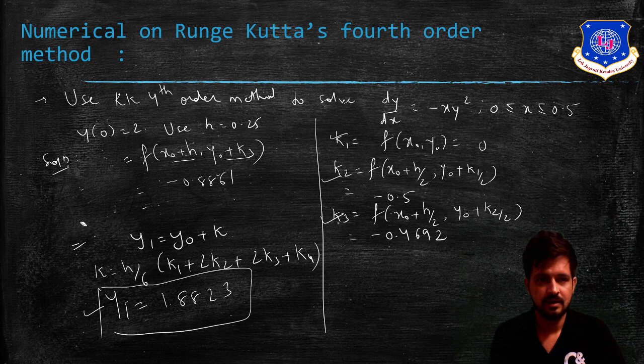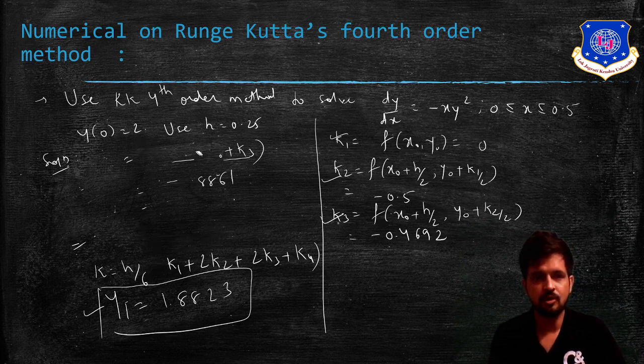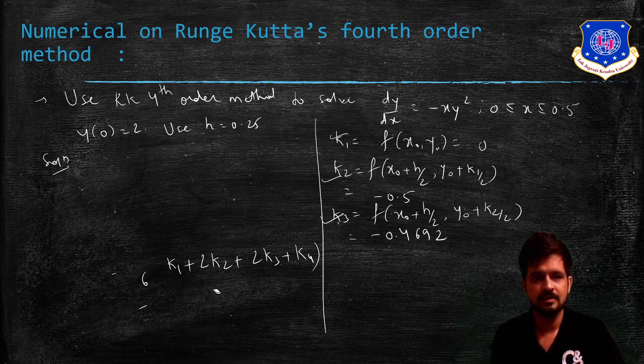How we can find the value of y2? So for y2, the formulas will change. What we have to use for y2? In place of x0, y0, we have to take x1 and y1.